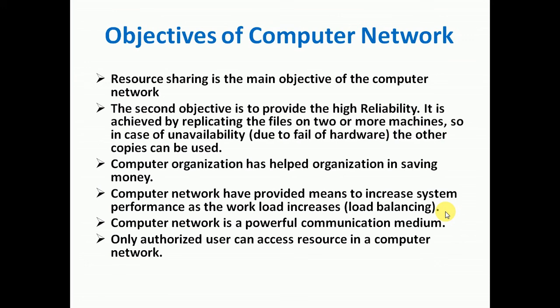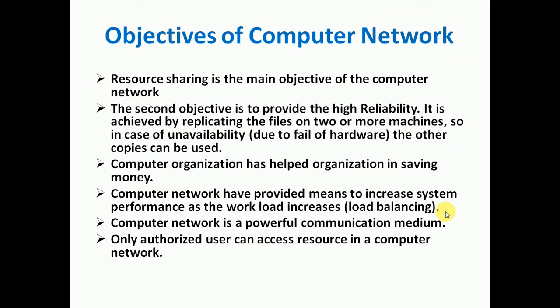The second objective is to provide the high reliability. It is achieved by replicating the files on two or more machines. So in case of unavailability or due to failure of hardware, those copies can be used.